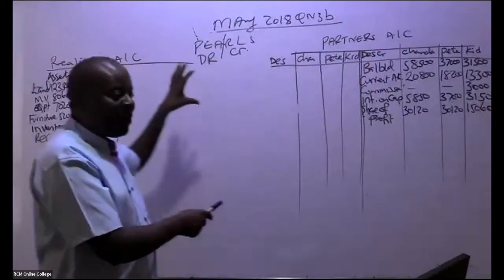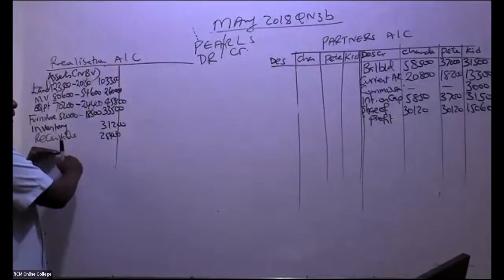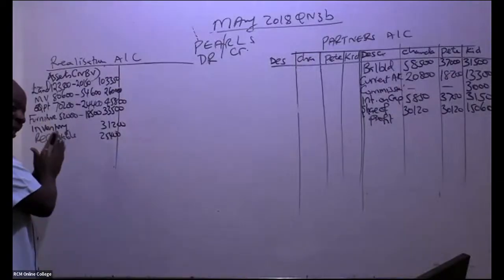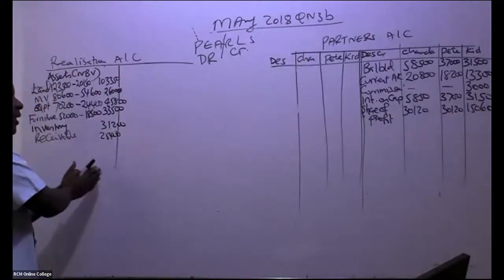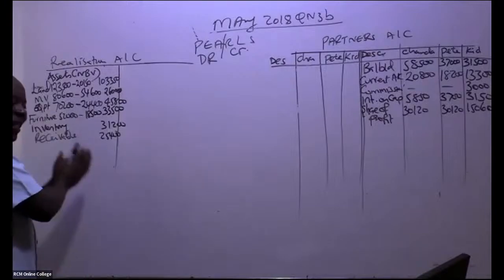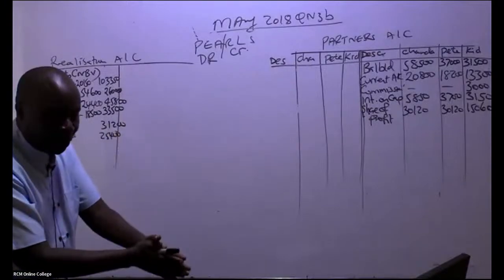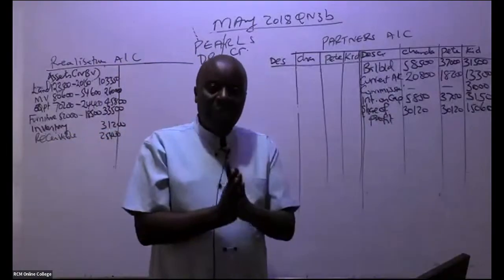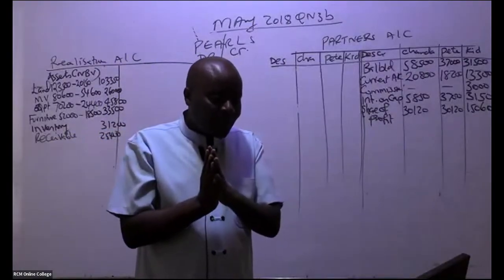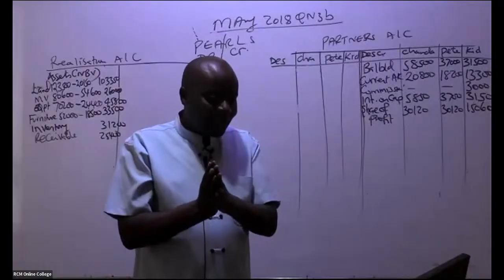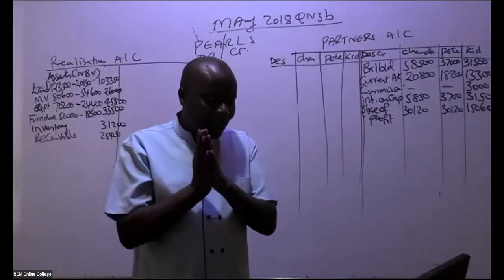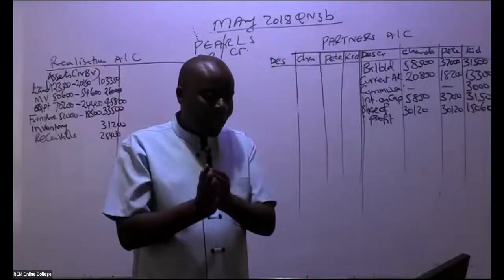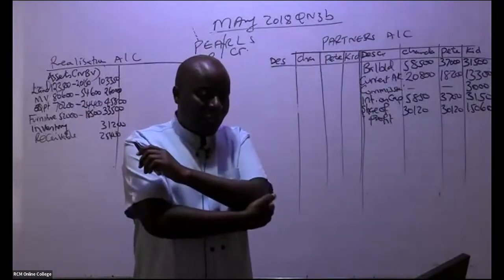If they were taken over by the new company, then I would have debited here, because here we only debit this account with assets that went to the new company that was formed. Is that clear, John, and everyone else?